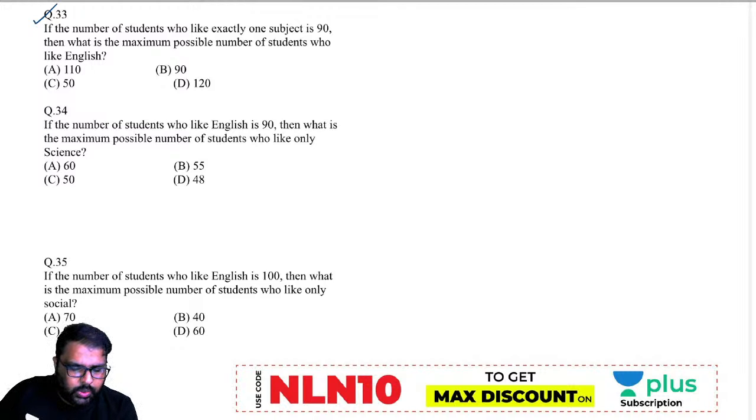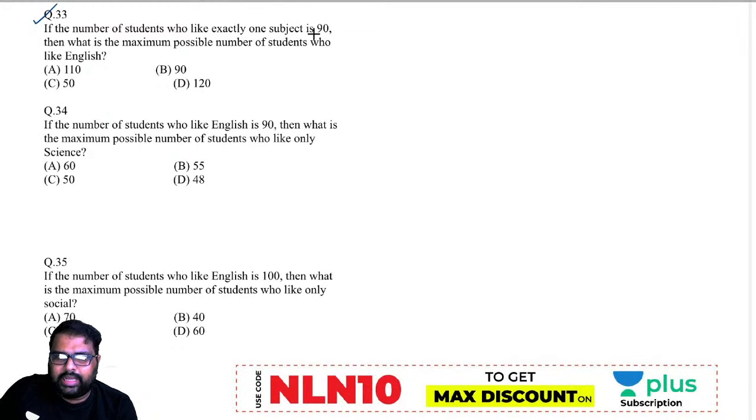Then I can move to and fro. Right, done. Now look here, what is the first question asked? If the number of students who like exactly one subject is 90.